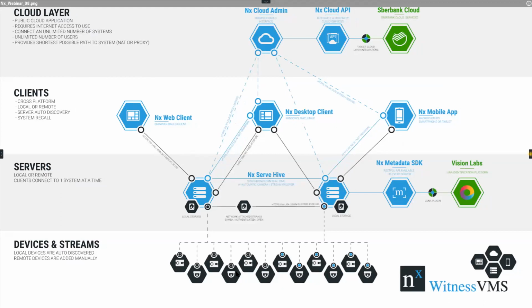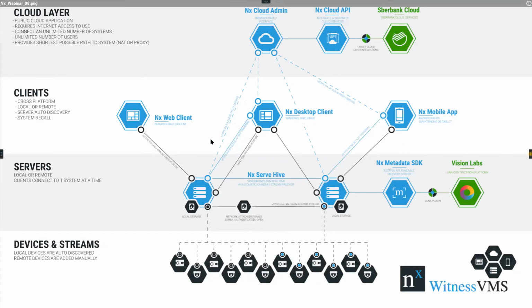Basically, in a project, you have some cameras, and then you have servers that install Nx Witness to become an Nx server. If you have two or more servers in the project, you can do Hive, which means you can make the servers work together as a big system.